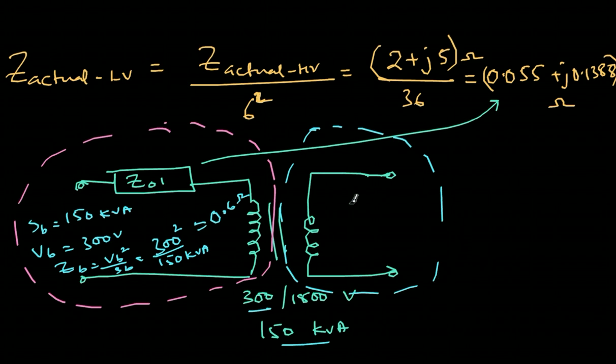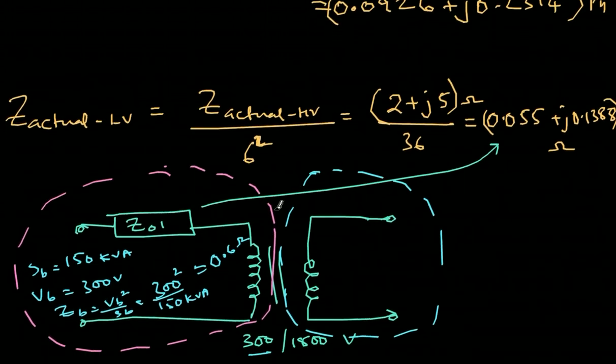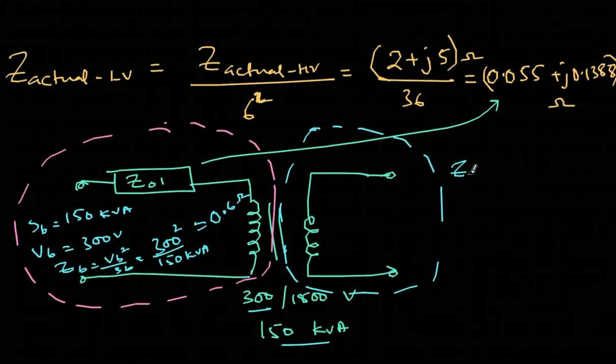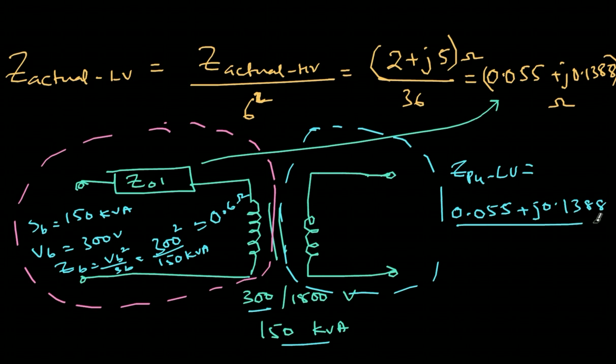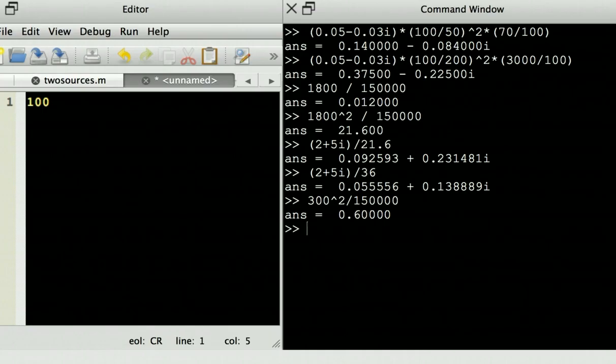So what is Z per unit? Z per unit on the low voltage side will be the actual impedance 0.055 plus j0.1388 divided by 0.6. So let's do that.